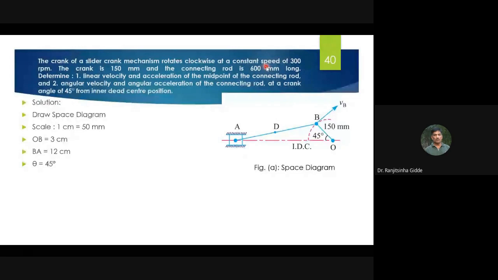So 1 centimeter is equal to 50 mm. The dimension for the connecting rod will be 12 centimeter, and that is feasible for a notebook page. So we can select 1 centimeter is equal to 50 mm. Accordingly, the connecting rod length is 12 centimeter, the crank is 3 centimeter, and this angle is 45 as it is. So draw the diagram in your notebook.